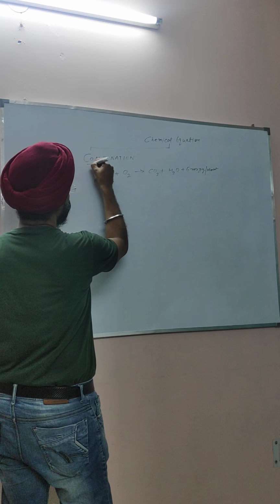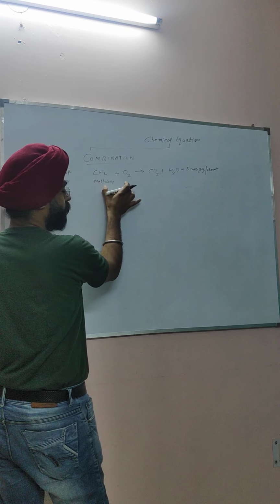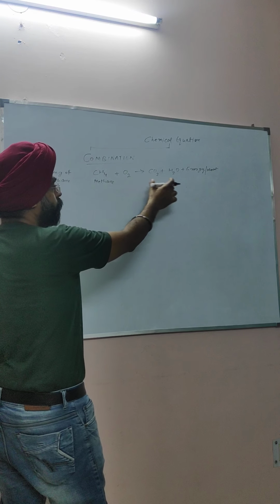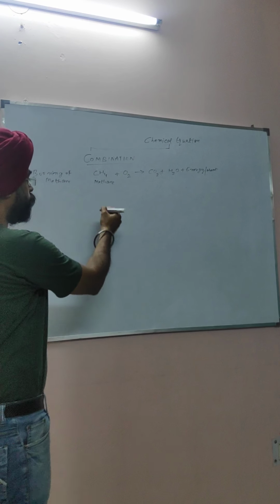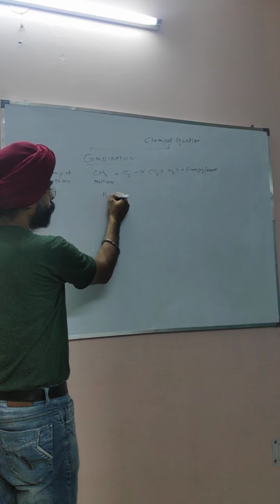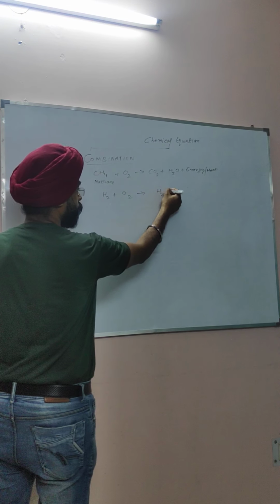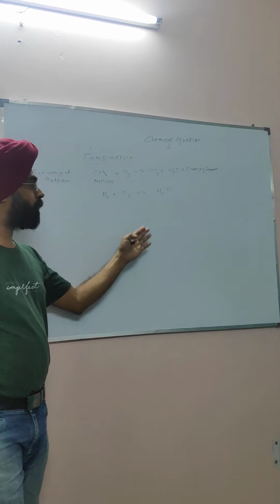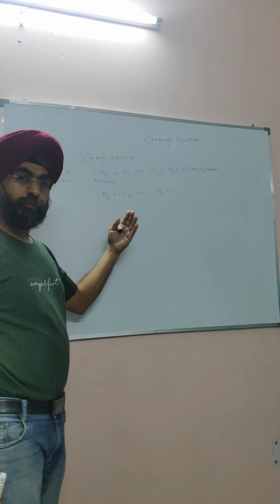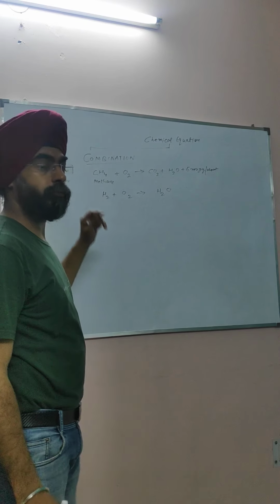It is a type of combination reaction. The two reactants are combined together to form the products. You can also write simple hydrogen plus O2 gives H2O. This is the formation of water, which is also a type of combination reaction.